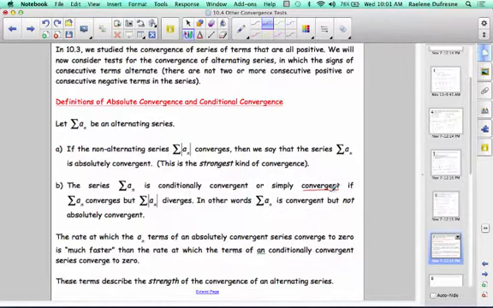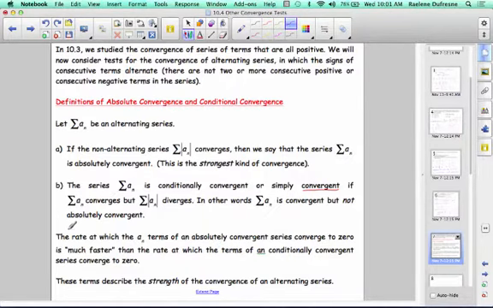So if we just say convergent without any further word in front, then we do not mean absolutely convergent, we mean conditionally convergent. What this definition of absolute versus conditional convergence is really about is the rate at which the an terms converge to zero.